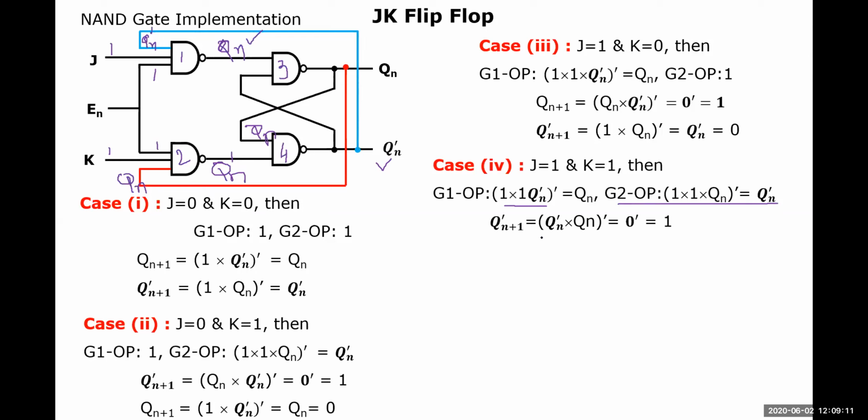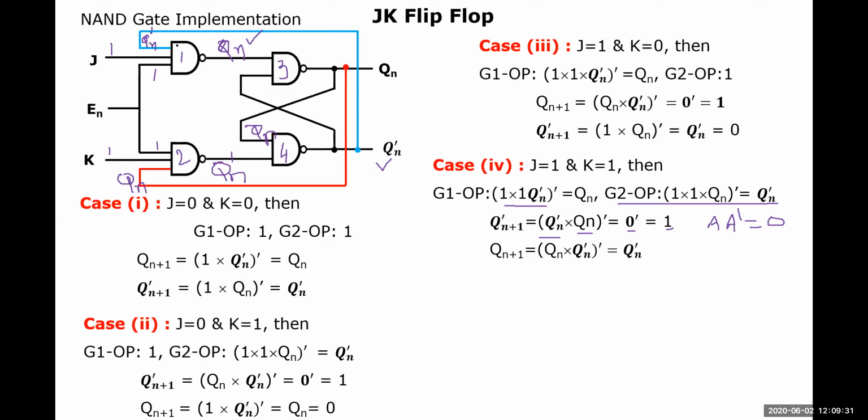So Qn complement into Qn whole complement will be equal to, here also the same formula, A into A complement equals 0. Here also Q complement n into Qn equals 0, and 0 complement equals 1.